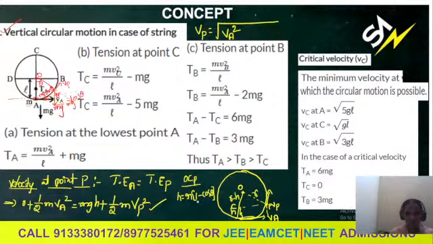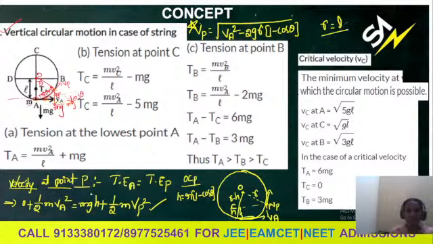H can be written as R into 1 minus cos theta. So it is minus 2G into R into 1 minus cos theta. This is the main equation to find the velocity at any point. Here R is nothing but the length of the string.